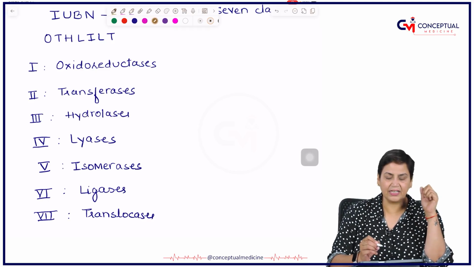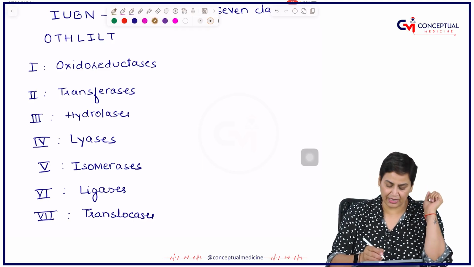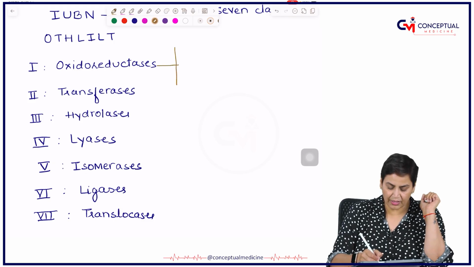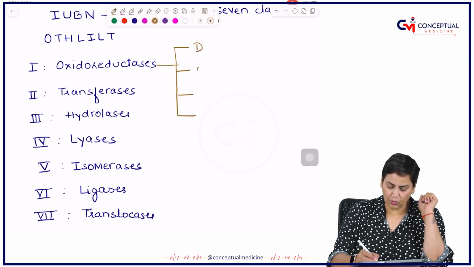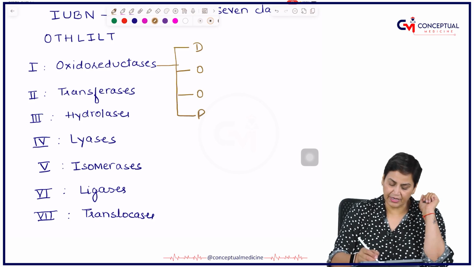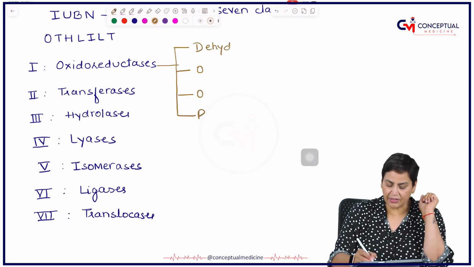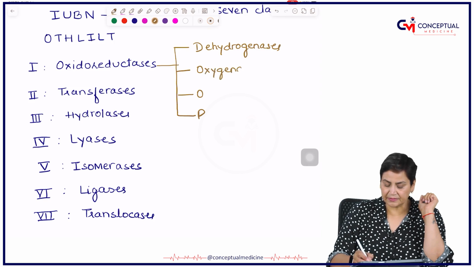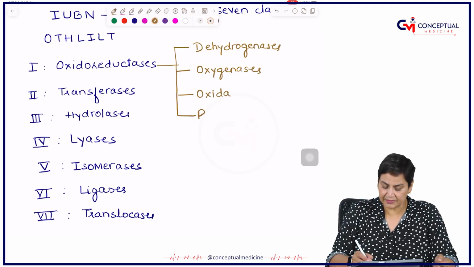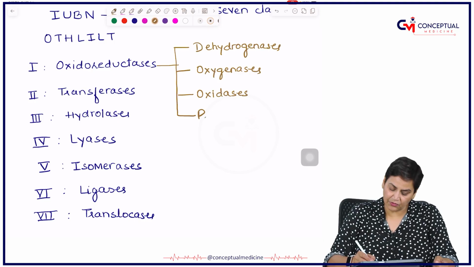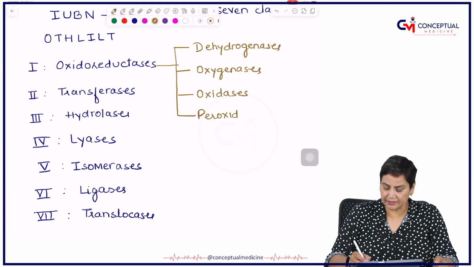Now this oxidoreductases is considered to be the most elaborative class, as it has 4 subclasses. The mnemonic to remember this is DOOP, D-O-O-P, where D stands for dehydrogenases, O stands for oxygenases, this O stands for oxidases, and this P stands for peroxidases.